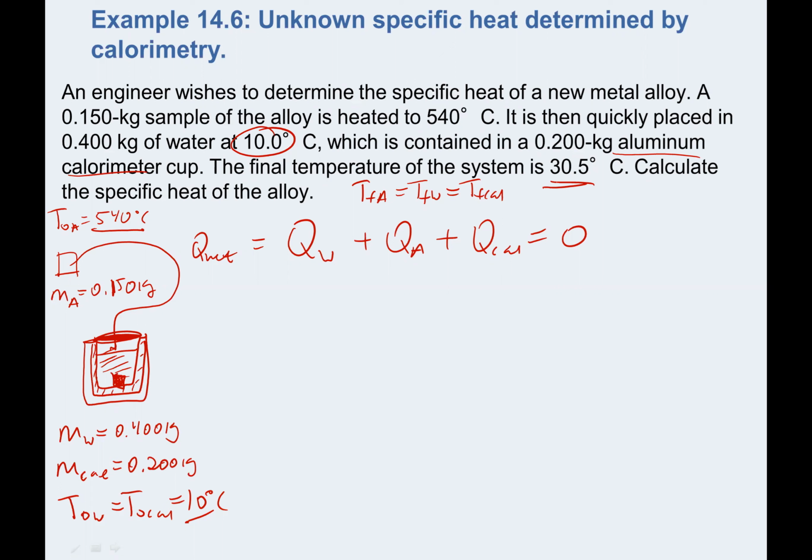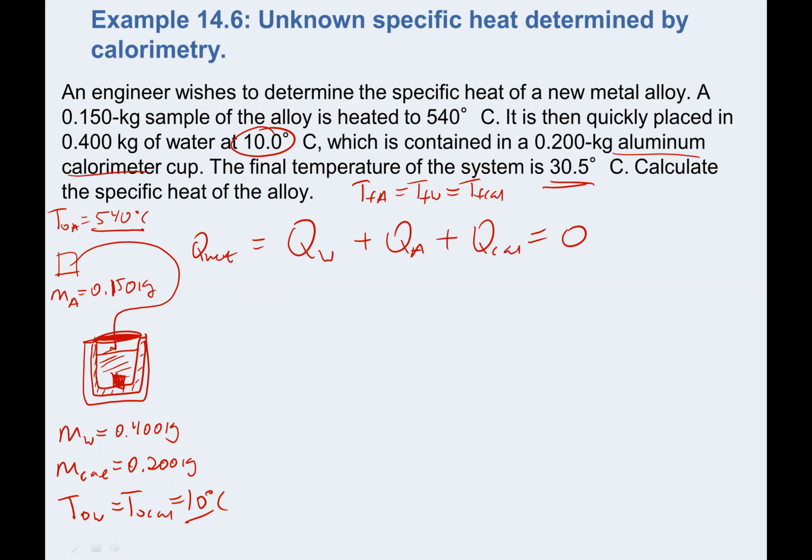That means the energy is gained by the water and the calorimeter cup, and energy is lost by the metal alloy. If we add all 3 together, we should get 0, because how much is lost by the alloy is gained by the water and calorimeter cup combination. All right, so let's write this down.